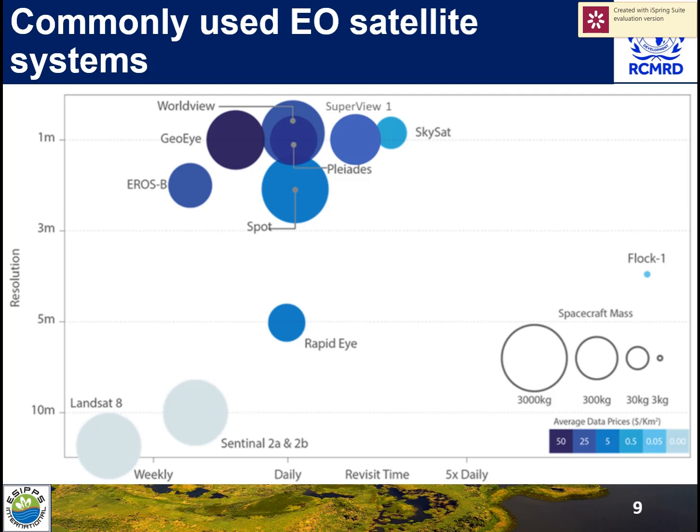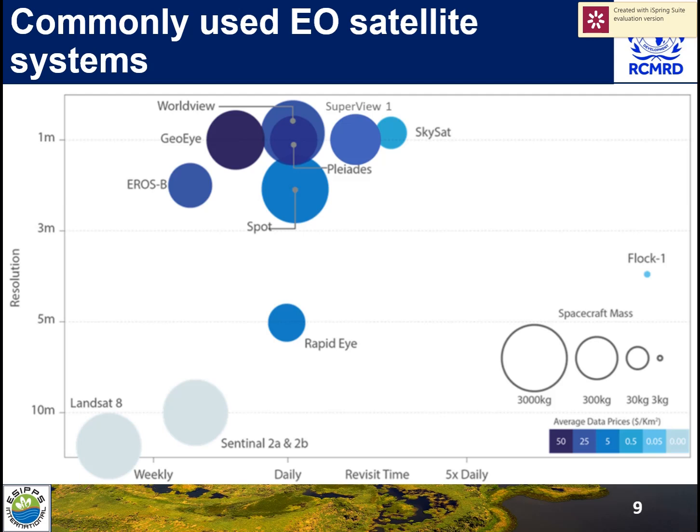Flock 1 on the mid-right has a shorter revisit time, more like hourly, if I could say, and a moderately high spatial resolution.